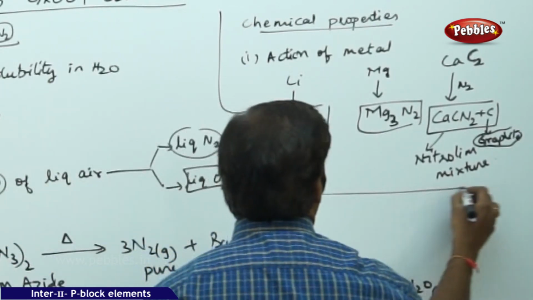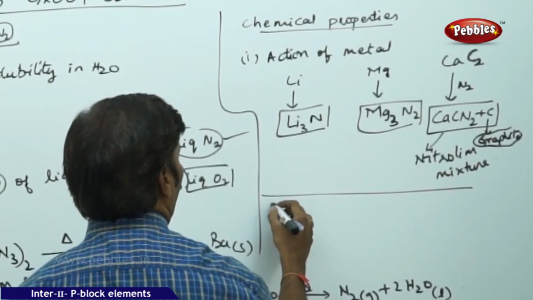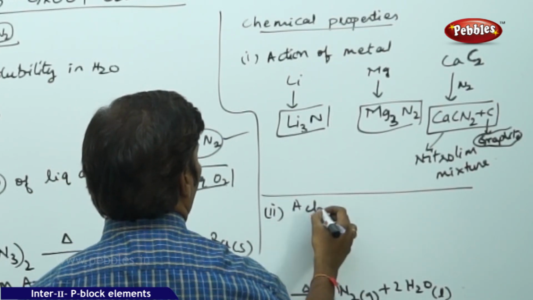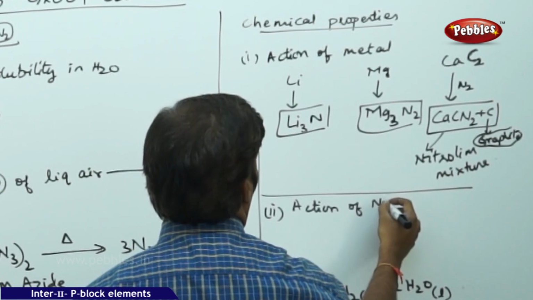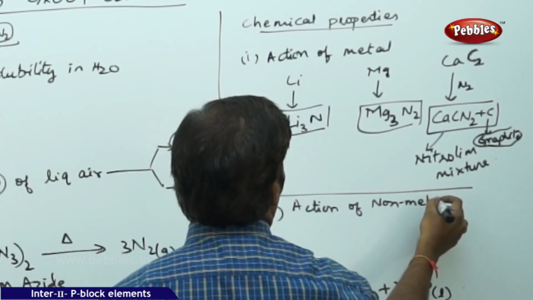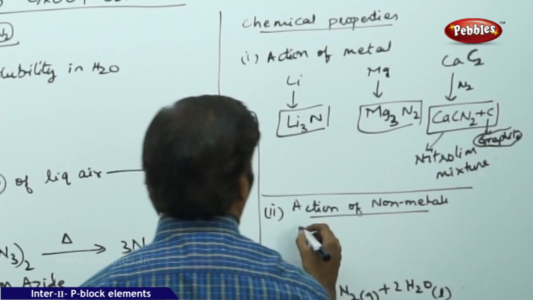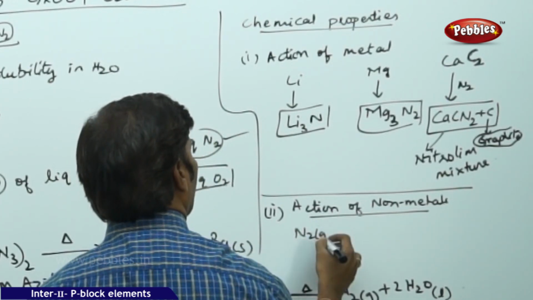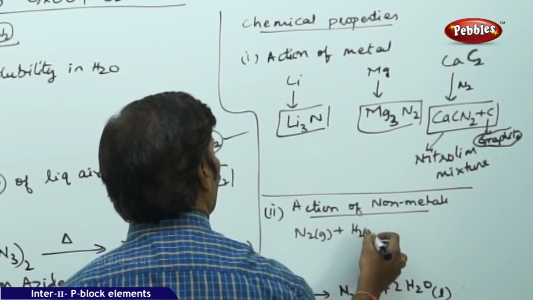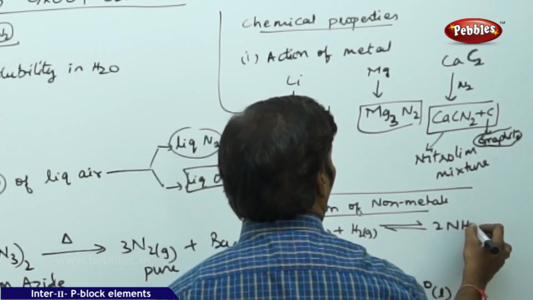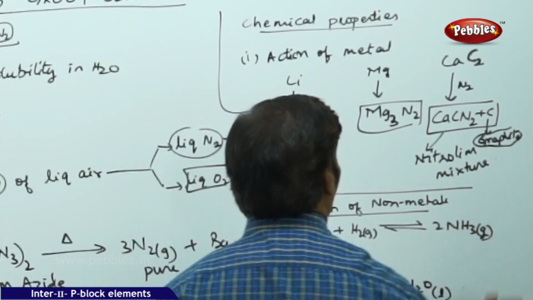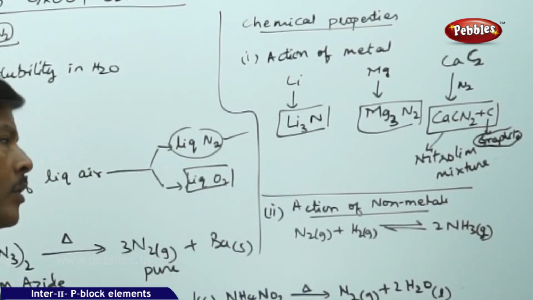And when you go for action of non-metals, plenty of reactions are possible. It can react with hydrogen gas, a reversible reaction, forming 2 moles of ammonia gas. This is the manufacture of ammonia through Haber's process.